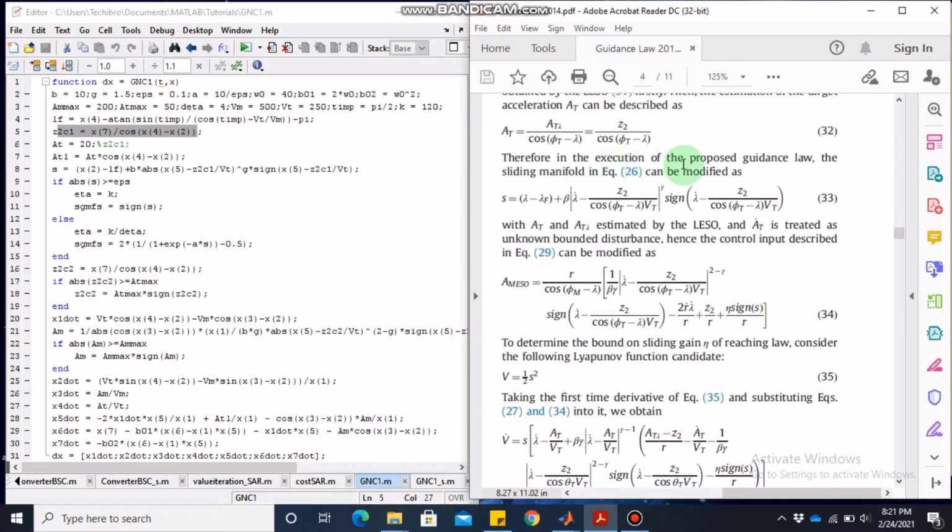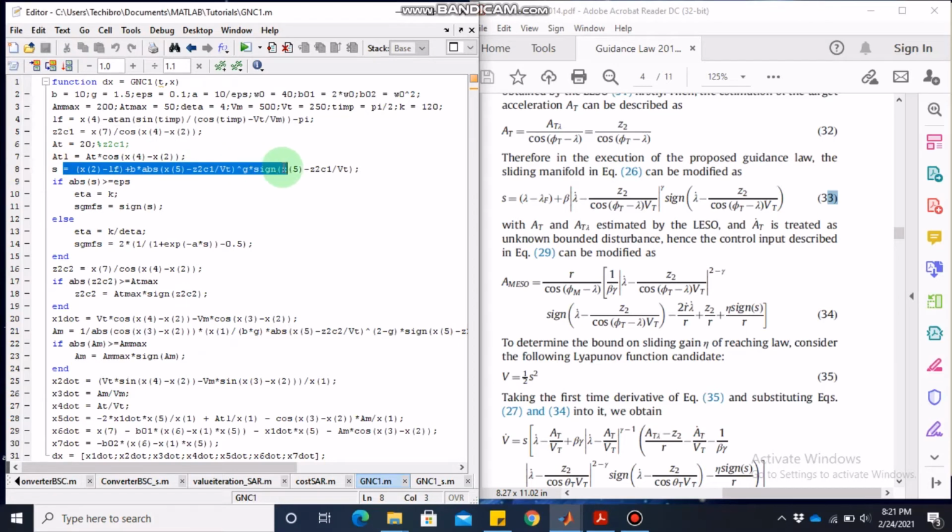So the sliding surface is given by lambda minus lambda f plus beta times this whole thing, and so this equation 33, that is the sliding surface, this is implemented here, and this z2 divided by cos of phi t minus lambda, that is used in the sliding surface.